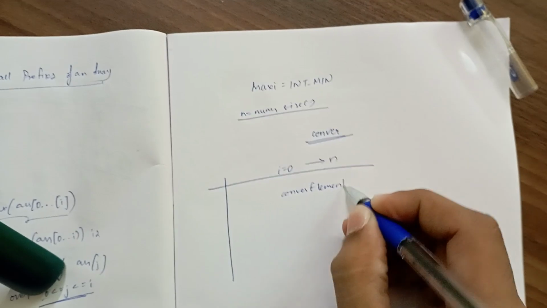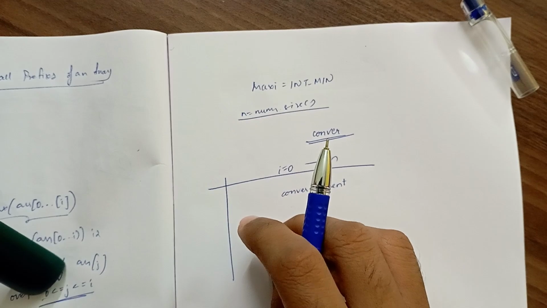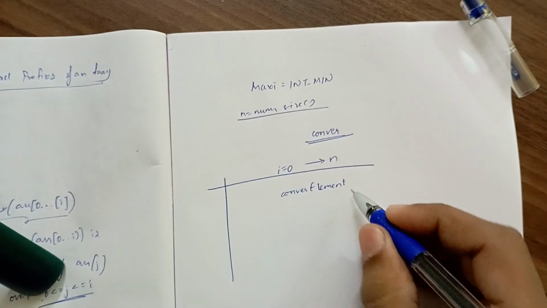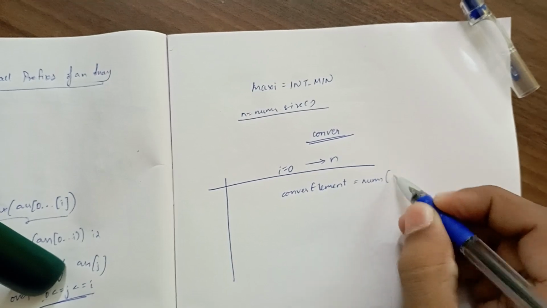That means the present element which we need to push back into the convert array. This convert element will be nums of I.